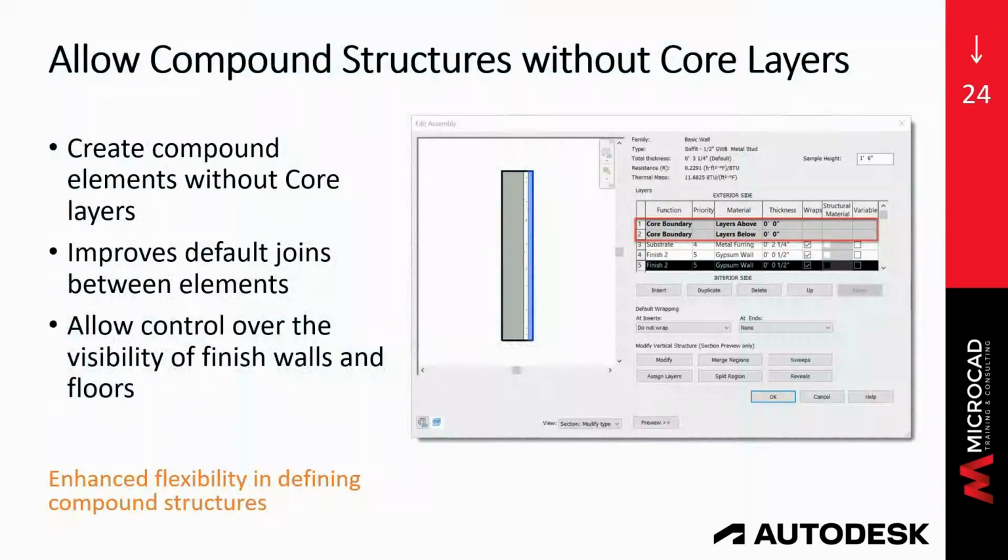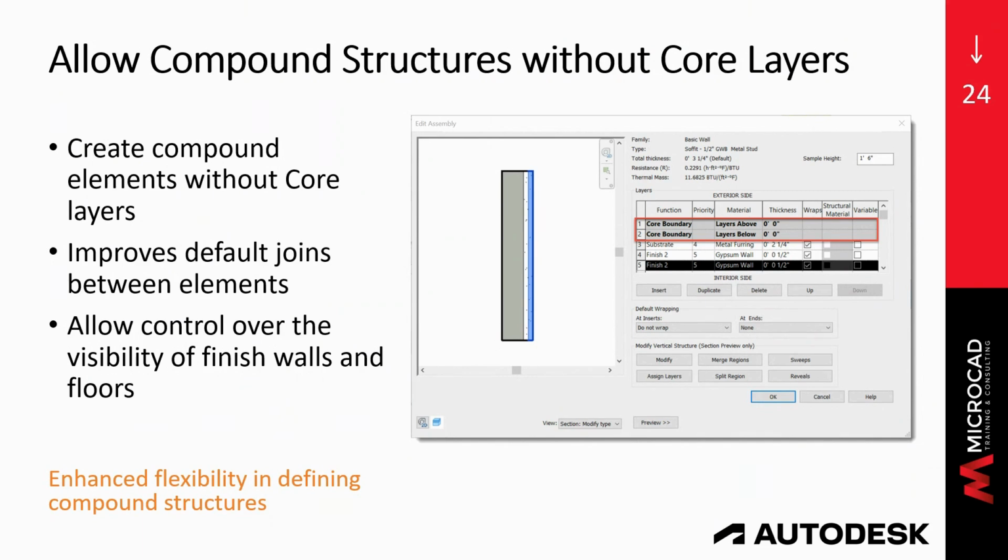Now, regarding walls, up to this release, you could not have an empty core boundary. Now you are allowed to create compound structures without core layers. So it will give users the flexibility to create compound elements without the core layer. And thus you're going to be improving the default joints.